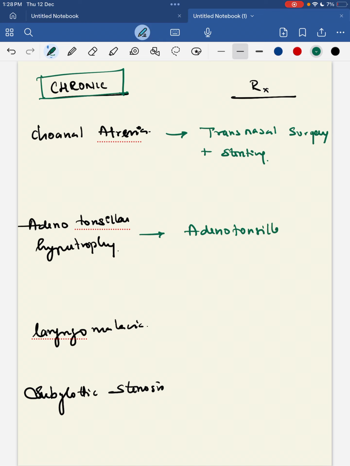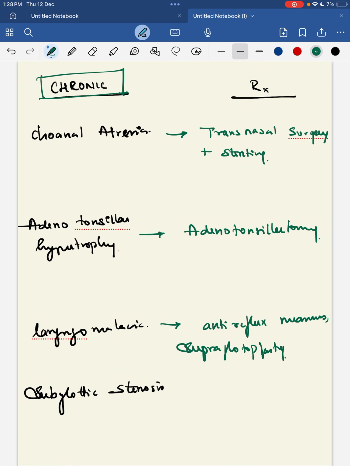For your tracheomalacia, the treatment will be your CPAP therapy with aortopexy. Okay, so these are the management of a child with stridor. So this is how you approach a child with a stridor.